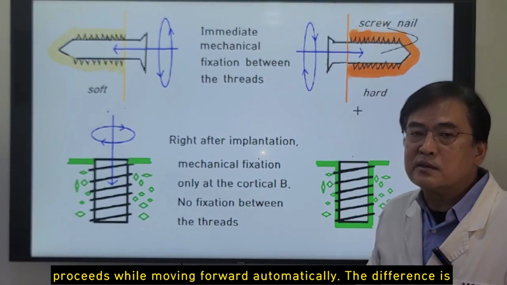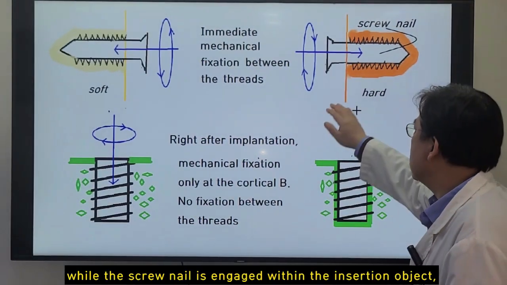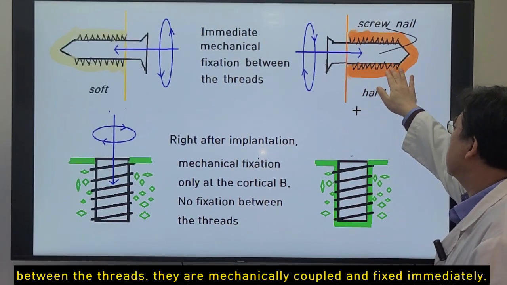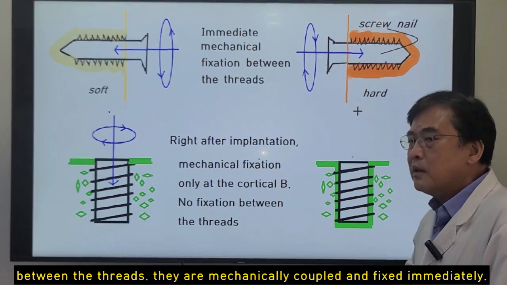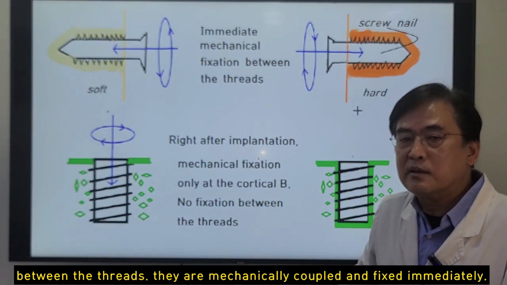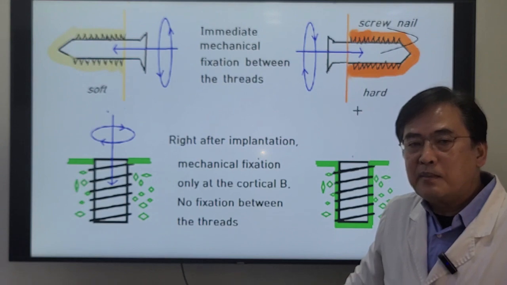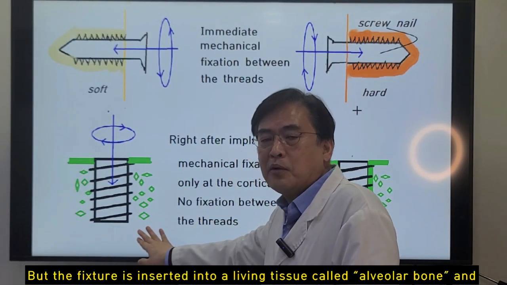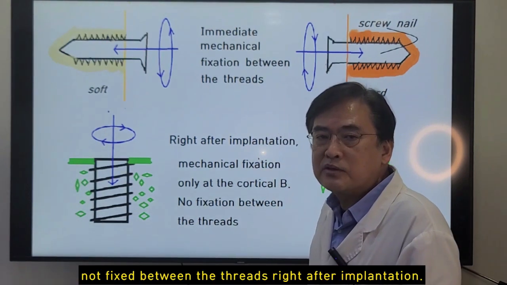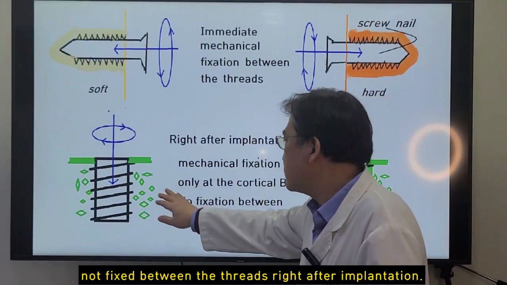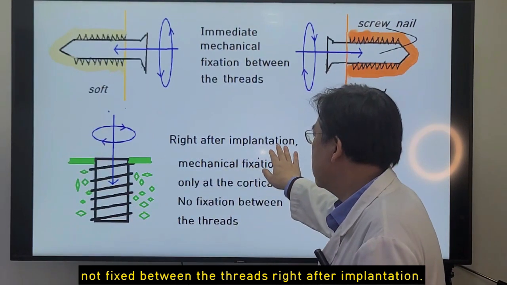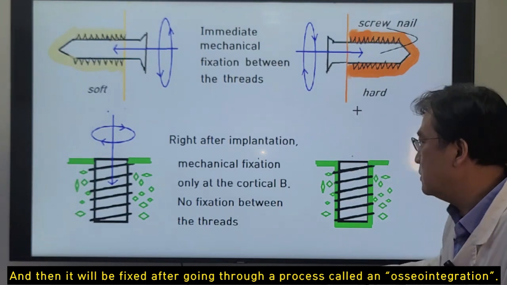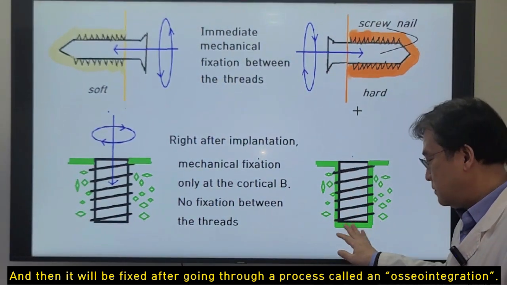The difference is that while the screw nail is engaged within the insertion object, between the threads they are mechanically coupled and fixed immediately. But the fixture is inserted into living tissue called alveolar bone and is not fixed between the threads right after implantation. And then it will be fixed after going through a process called osseointegration.